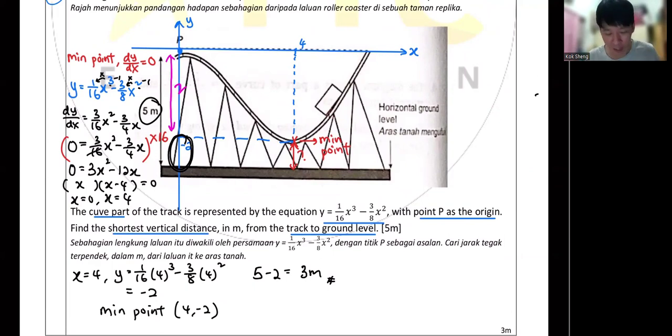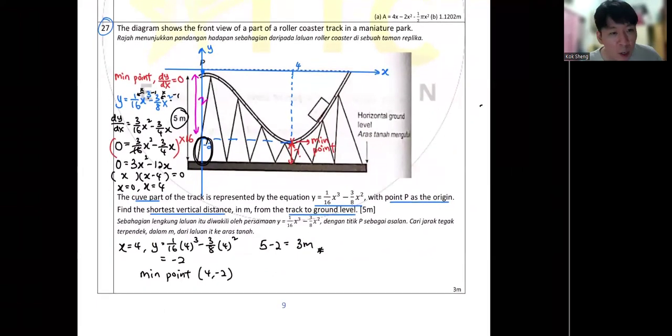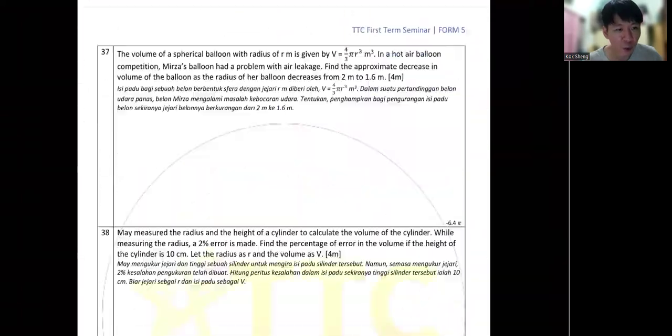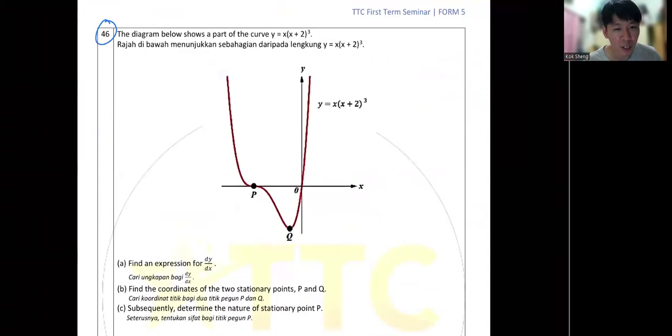Let's go to 46. One more. 46, what is the idea? Okay, let's go. 46. Quite far away.